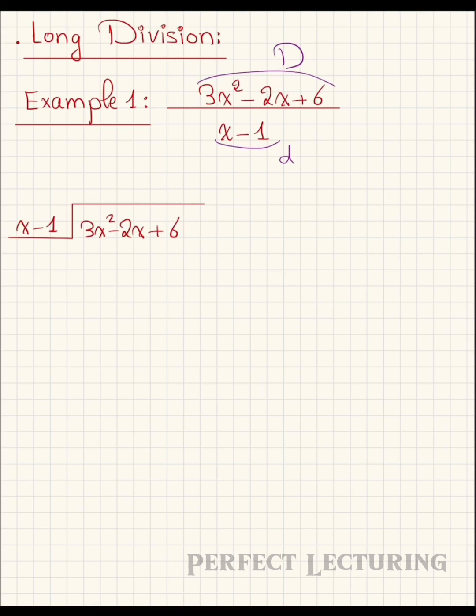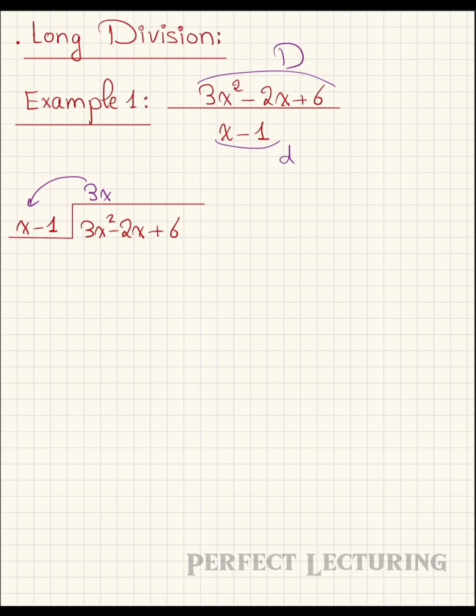All right, after this, I start with the algorithm. I always divide the highest exponent in the dividend by the highest exponent in the divisor. So 3x squared is divided by x, and the answer is 3x. So step number 1, I repeat, I divide the highest exponent by the highest exponent, and write the answer here.